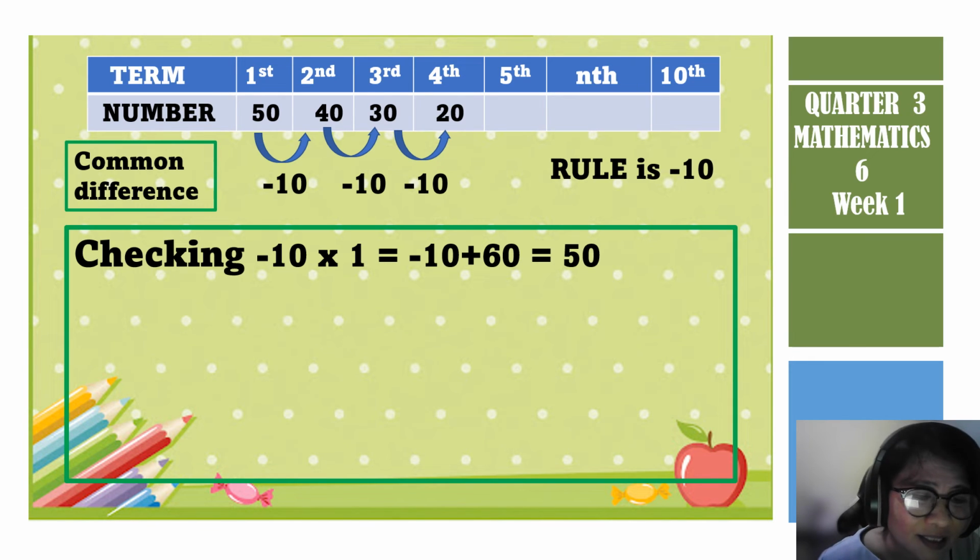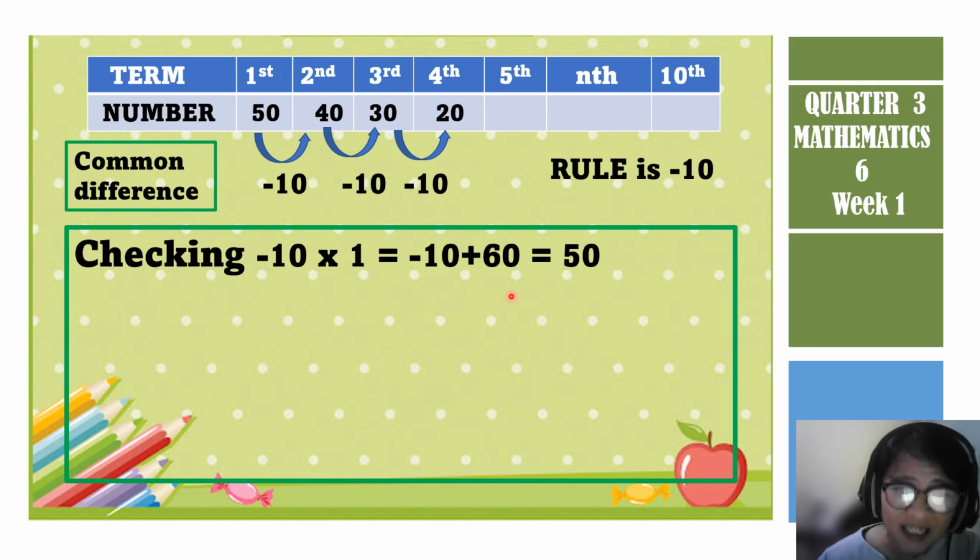Ngayon, it will not satisfy the answer here, 50, kasi negative 10 ito. Ano ang gagawin natin para ang sagot ay magiging 50? Ang gagawin natin ay mag-a-add tayo ng 60 para ang sagot ay magiging 50.